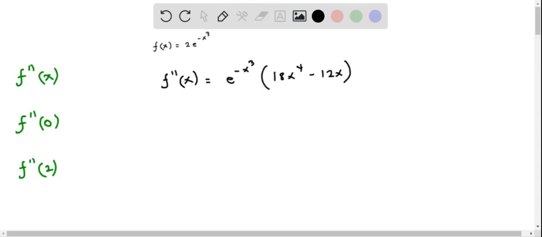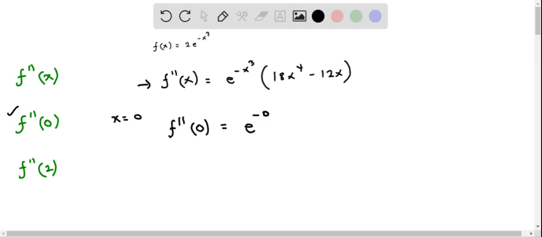We now determine the second derivative of f evaluated at 0. So let's plug in x equal to 0 into the second derivative of f of x. So this becomes f double prime of 0, and this equals, we should replace all x by 0.